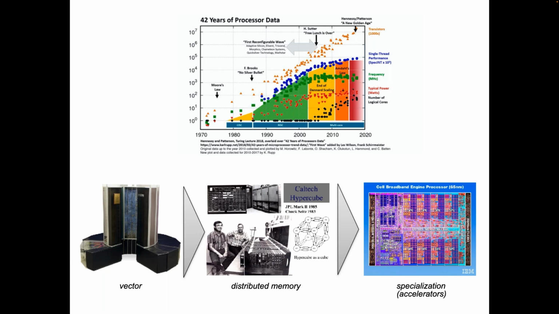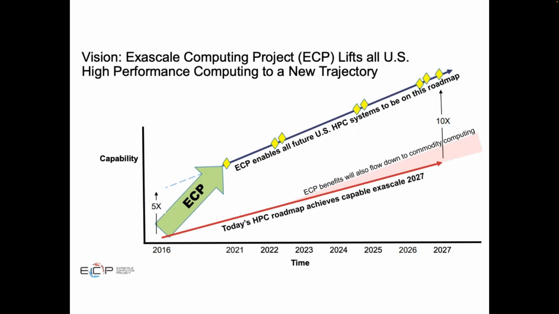But it's a disruptive change, and as a response to that, DOE launched in 2016 the US Exascale Computing Project, which tries to push the performance on all fronts to higher levels, and obviously making sure that the whole ecosystem is ready for this kind of new technology.